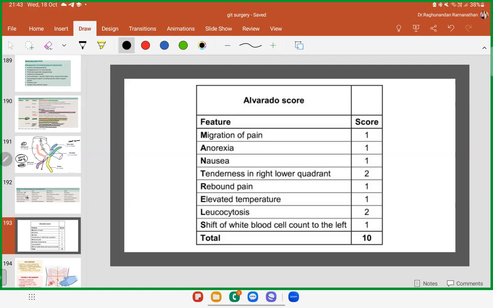But unfortunately they went outside to some hospital, the surgery was done, and the patient succumbed in the bed. Why? Because we should never take surgery unnecessarily. That is why you have scoring systems and you have to follow them. Only if the patient necessitates surgery can you take them.